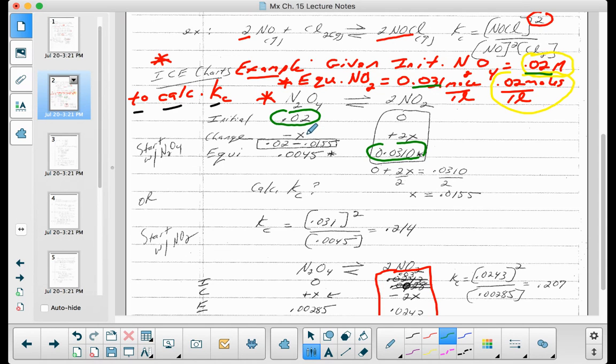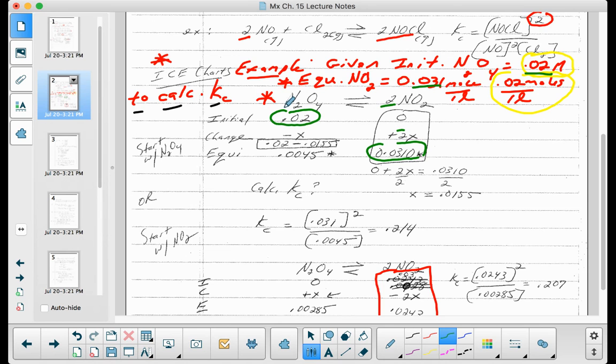If this goes down by x, the product here has to go up by x. The reactant here goes down by x, product goes up by 2x. Where do I get that x and that 2x from? Well, here's my coefficient 2, which is where this 2 comes from.